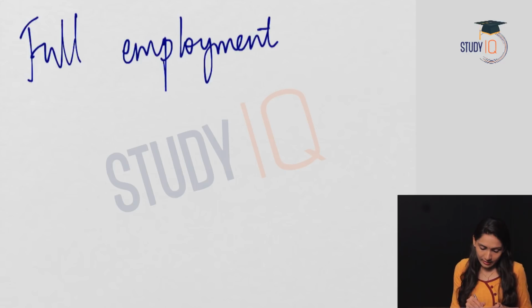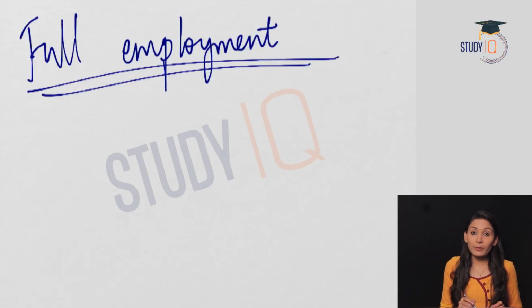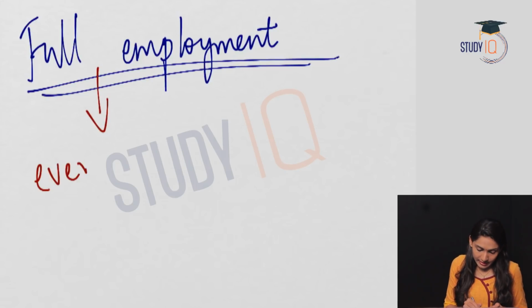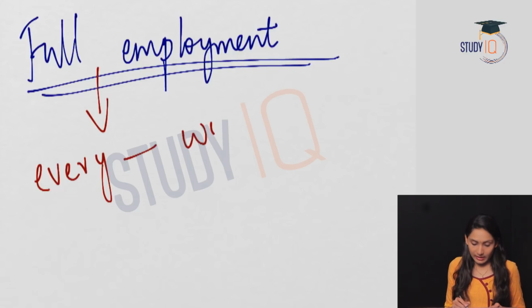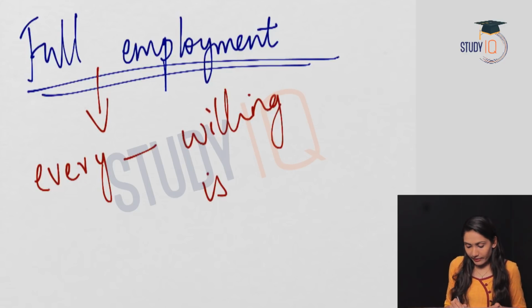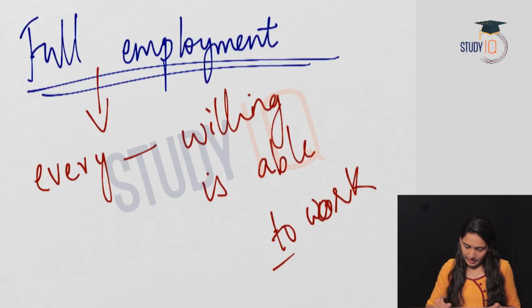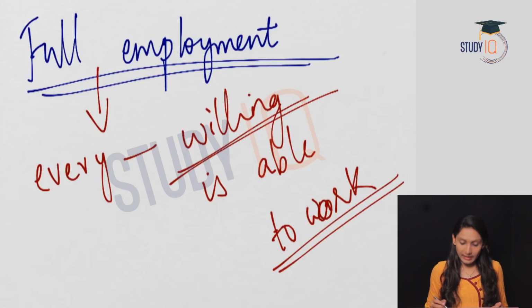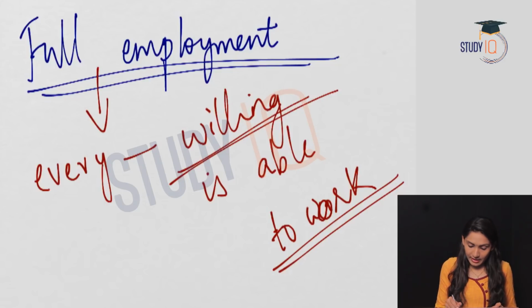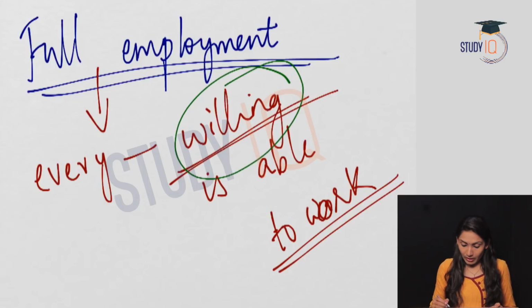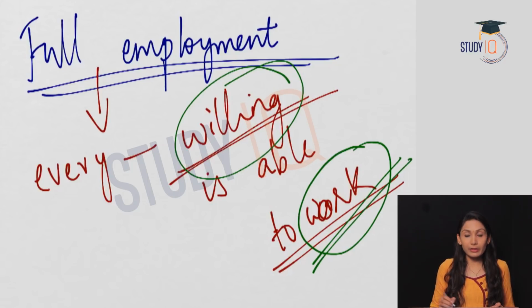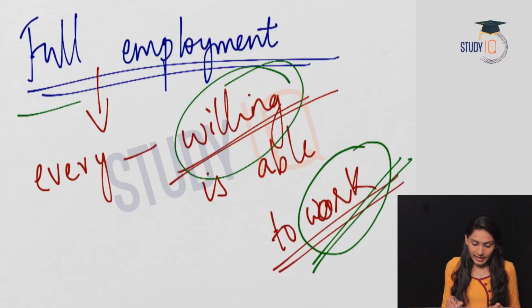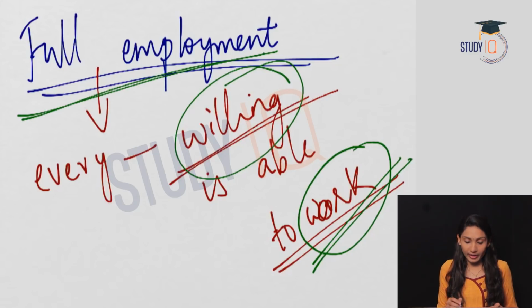Full employment can be said to be a situation where every person who is willing to work is able to work. That means everyone who is willing to work is able to find work. In order to say that a person is fully employed, he must satisfy two conditions.